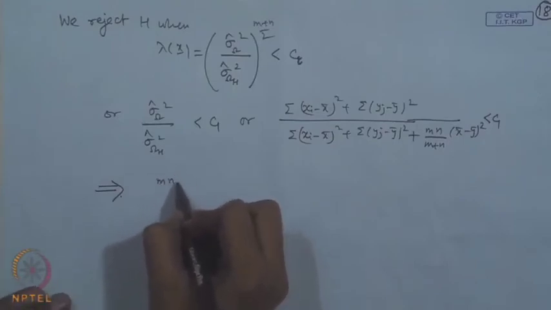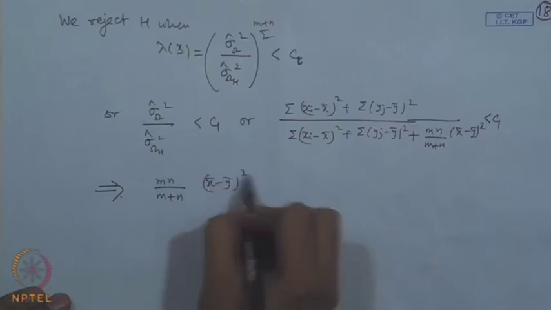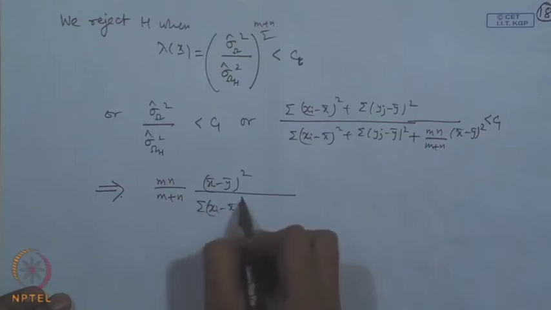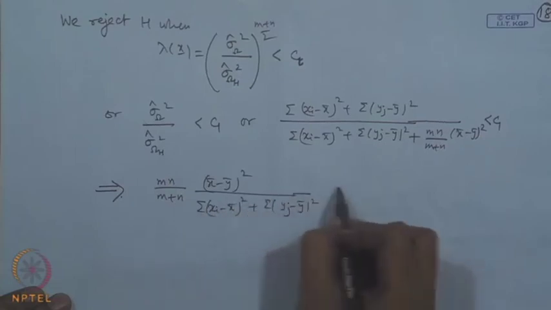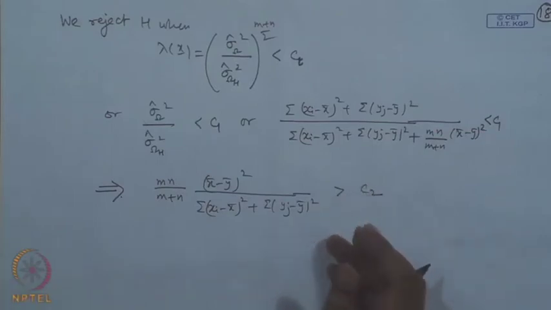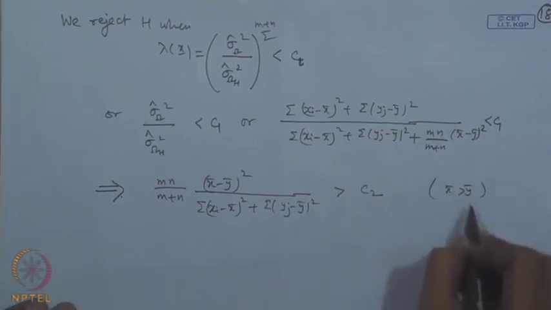mn by m plus n times x bar minus y bar square divided by sigma x_i minus x bar square plus sigma y_j minus y bar square greater than, say, some c2. Note here that x bar is greater than y bar.